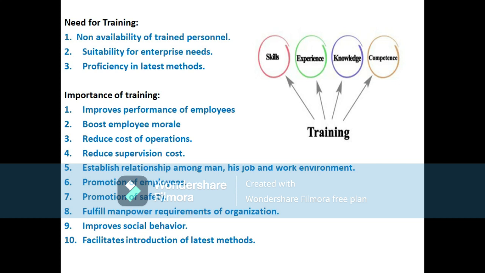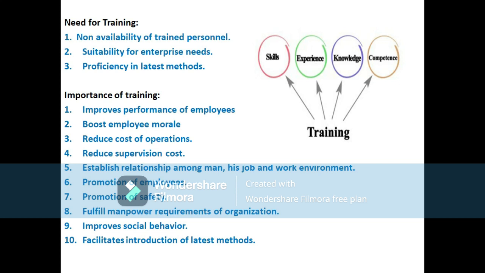At the same time, it enhances the behavioral pattern of the employee also: how to behave with other persons, how to maintain human relations in the organization. So it serves several purposes and needs of an organization. Therefore, it is beneficial to both the employer and the employee. So we can see the following importance regarding training and development programs.